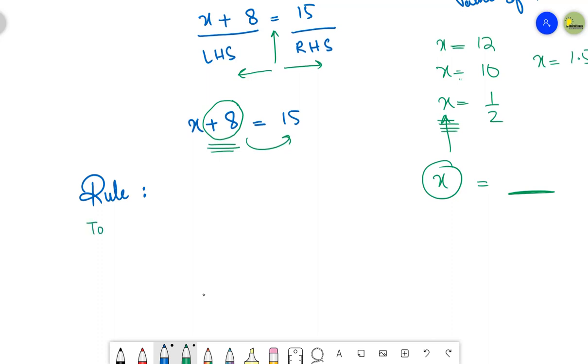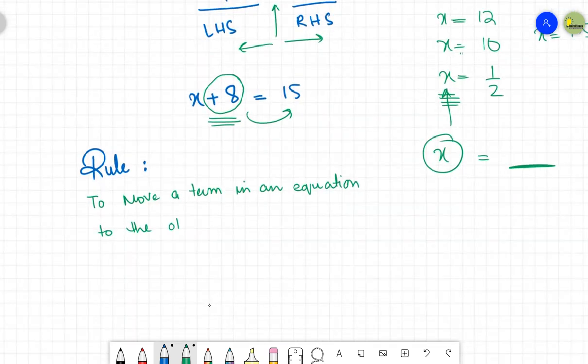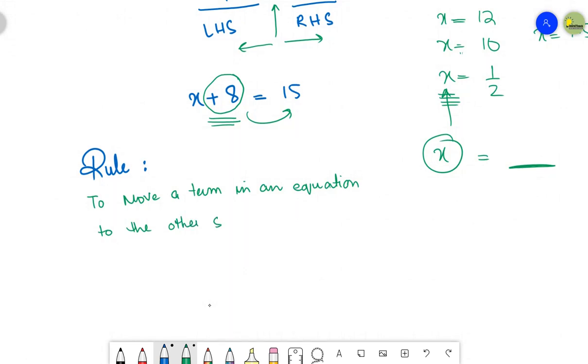To shift a value or to move a term in an equation to the other side, you have to change the operation.